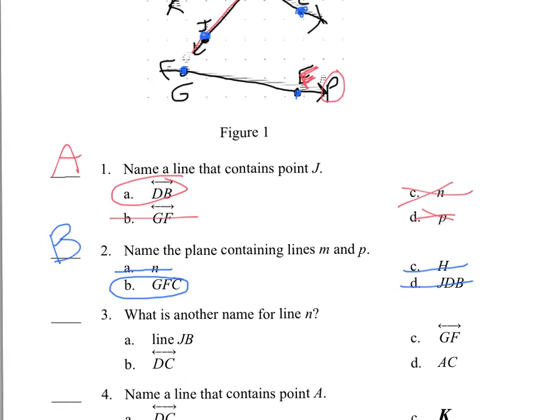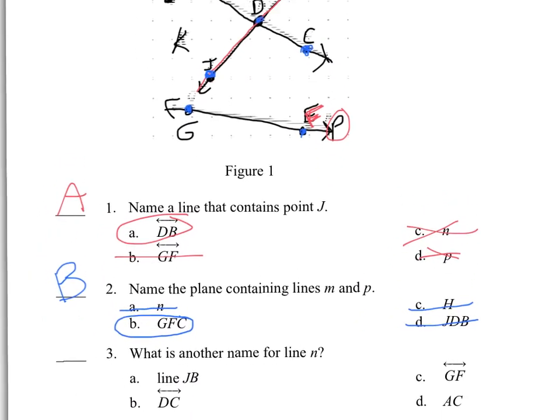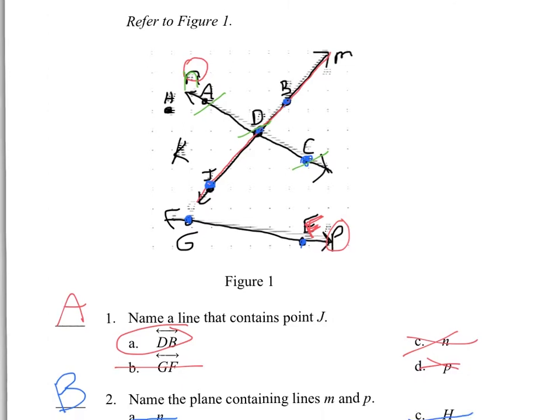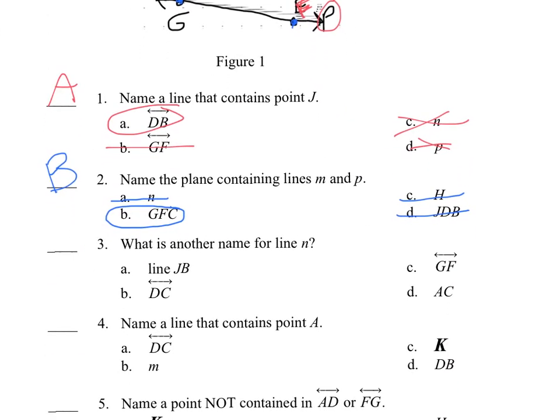Looking at 3, what is another name for line N? Line N, we have right here, line N. Another name for that would include any of these 3 letters in a combination. So A, D, or C it has to have, and it has 2 letters.